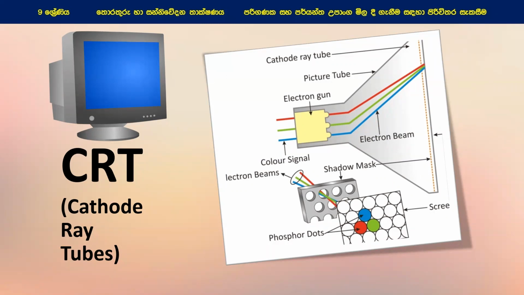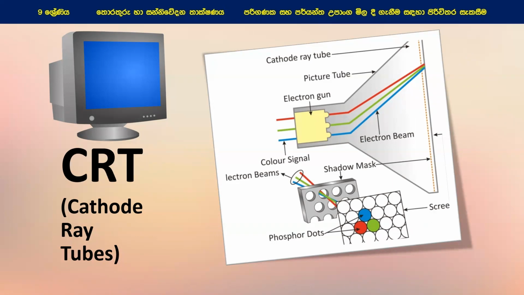With the help of the cathode ray, it points to a specific position on the sensitive screen. When that electron beam hits the sensitive screen, it creates a color plot, right? That is how we see the colors through the cathode ray tube.